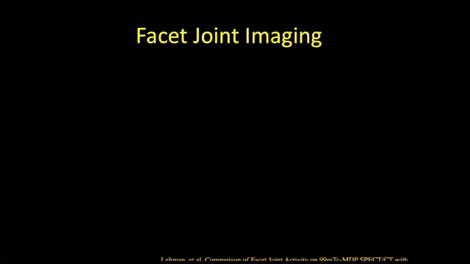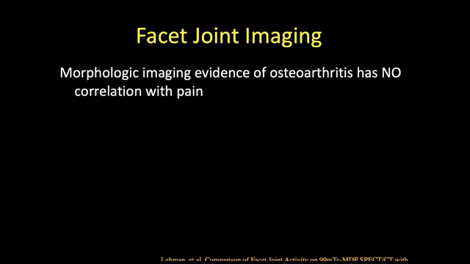So the data on facet joint imaging is not as strong for these features as it is for the disc. The morphologic imaging evidence of osteoarthritis, again, doesn't in general correlate with pain, but the so-called physiologic imaging can help you identify the facet joint as more likely to be a pain generator.